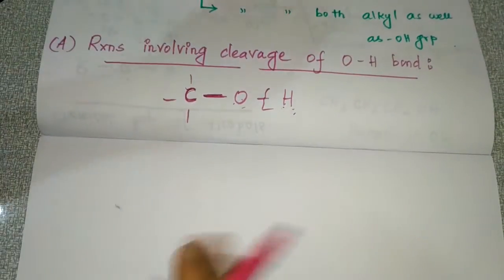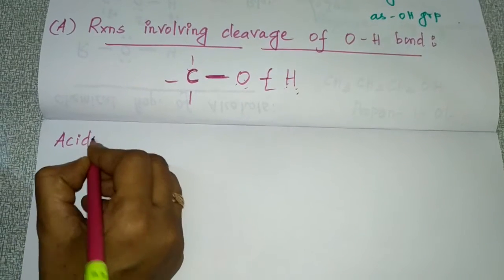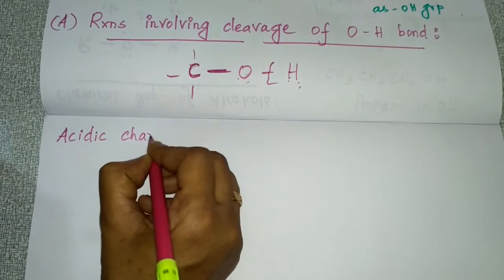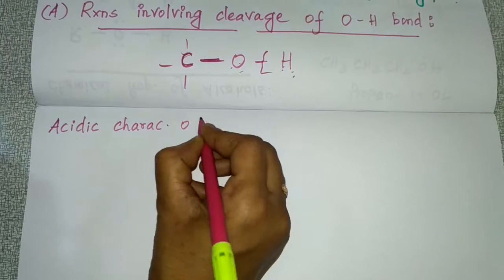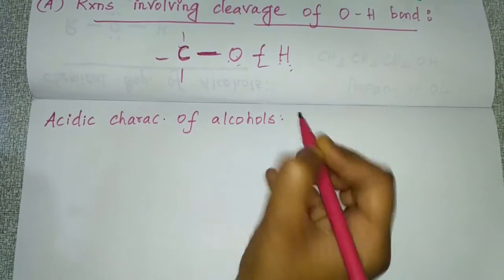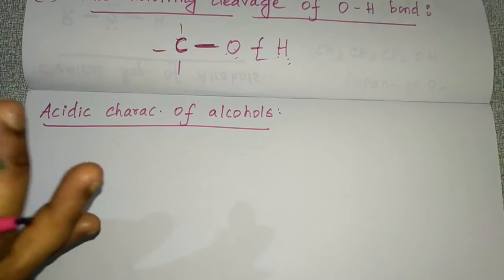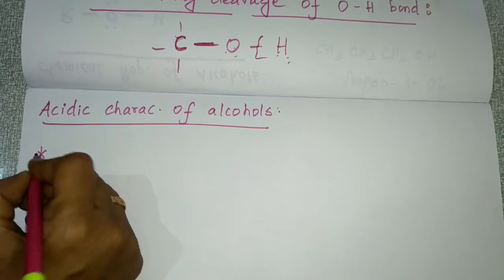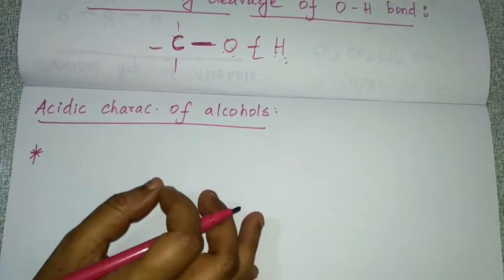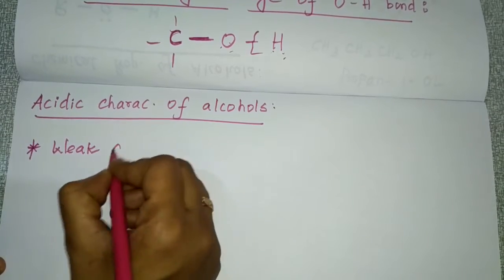Under this, first we are going to see the acidic character of alcohols. The main important concept is that alcohol behaves as a weak acid.